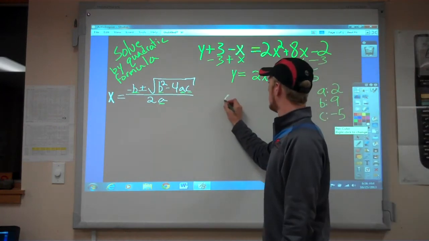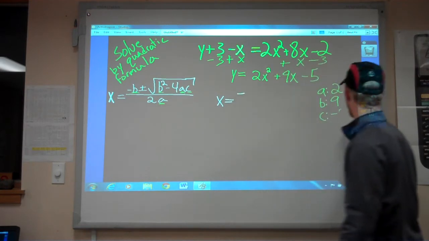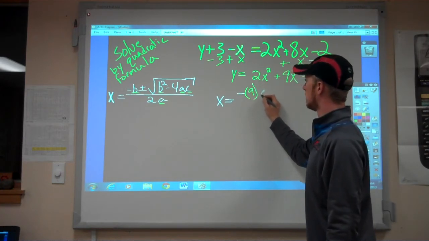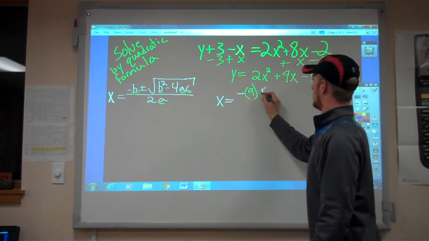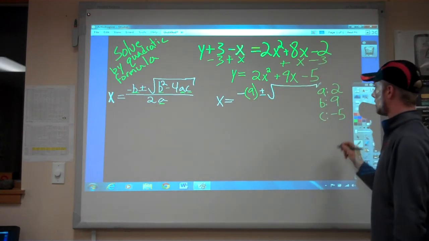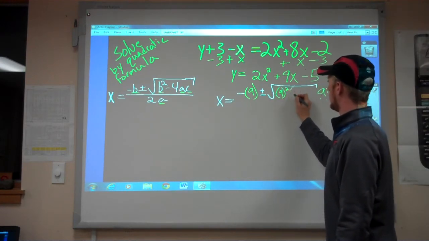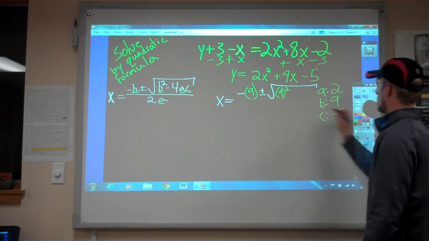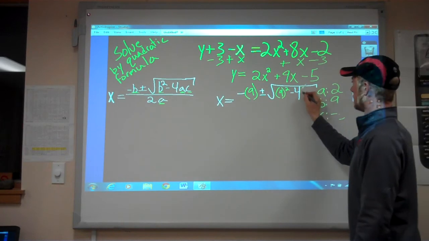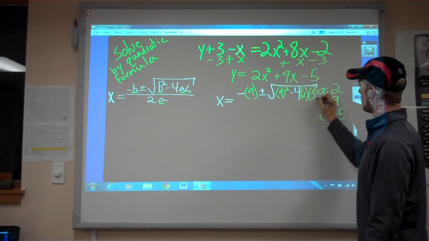At this point, I'm going to take my numbers and substitute them into my quadratic formula. So I'm going to have x equals negative 9, plus or minus the square root of 9 squared minus 4 times 2 times negative 5.